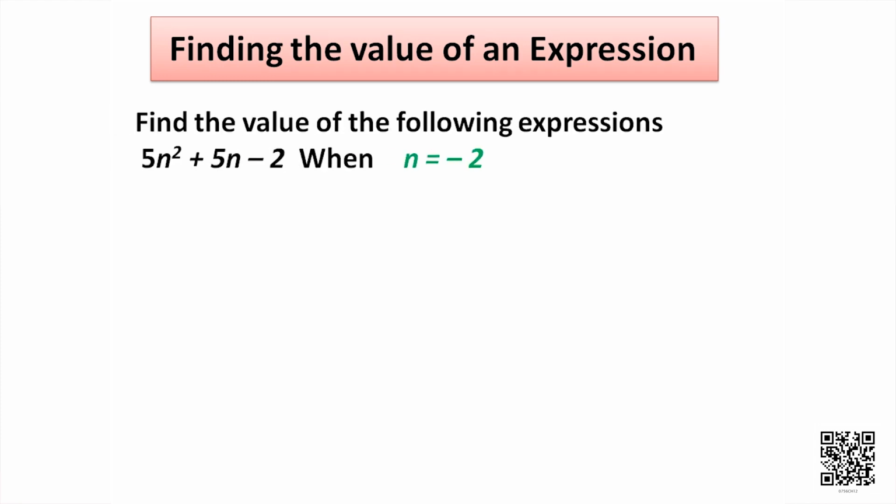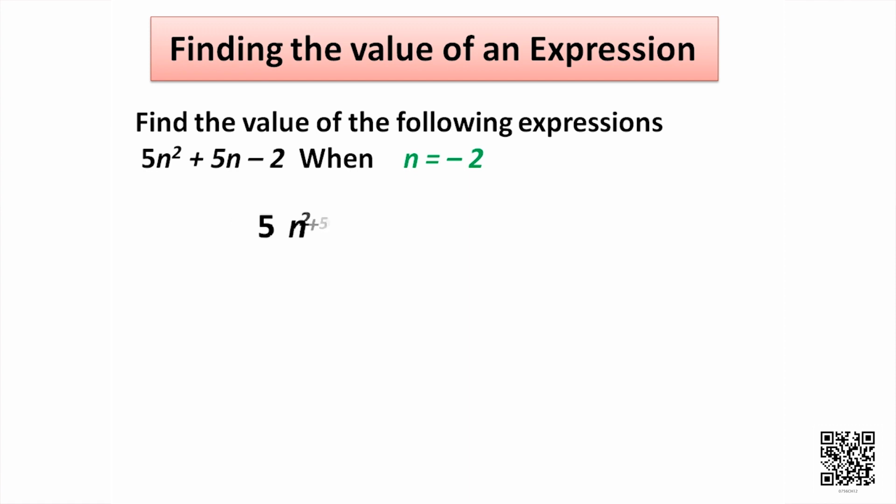Now we have to find the value of an expression. We will see how to find the value of an expression by using value of given variable. We have given 5n square plus 5n minus 2. So let us check if n is equal to minus 2, what will be the result of this equation.